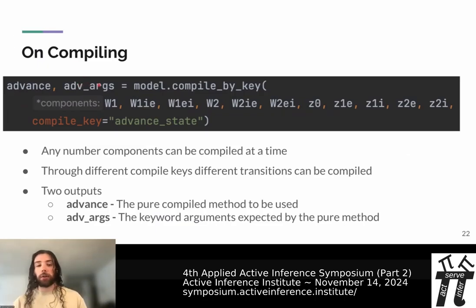So as it goes through and it compiles down W1, W1IE, W1EI, and so on and so forth, it's slowly collecting a list of all of the keyword arguments that it needs to actually compute this transition.